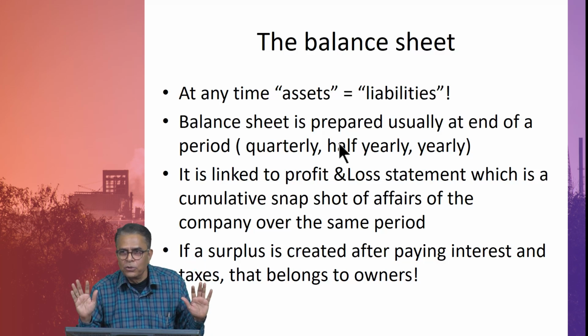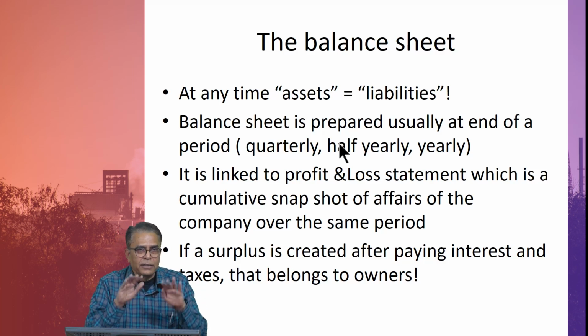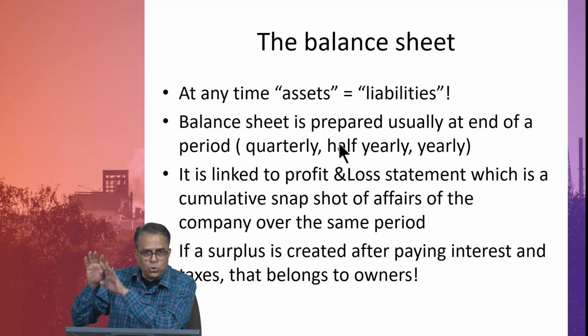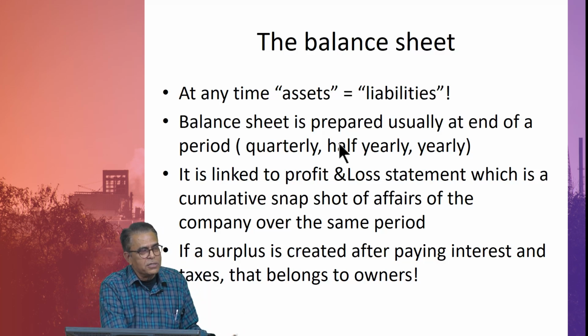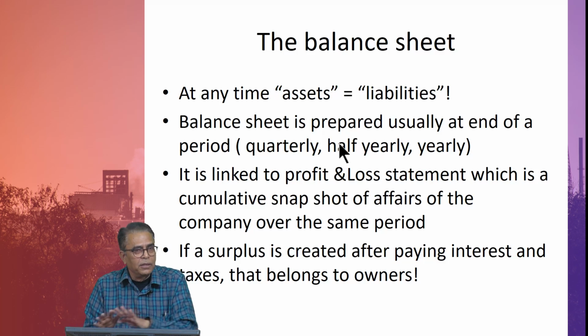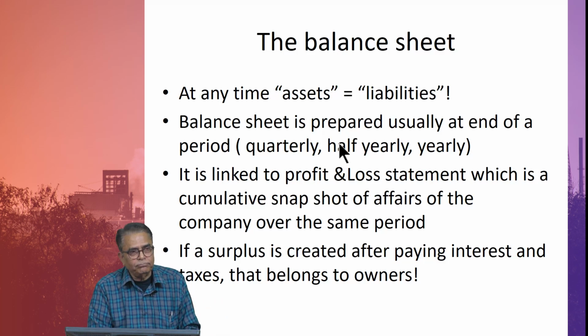It tells you the financial position of a company at a point of time, indicating that at that point of time the source of money is like this, the use of money is like this. In other words, this is how we have spent, this is how we owe money to the people at that point of time. So it will always balance. How frequently is it prepared?